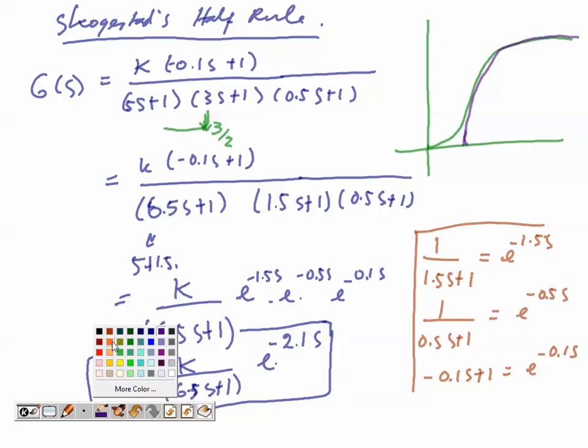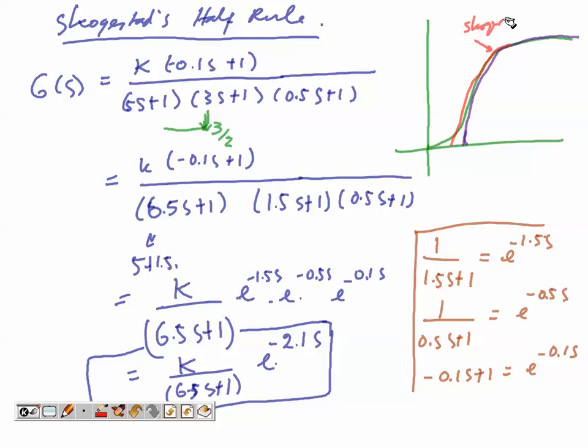Then Skogestad is more accurate than Taylor series. This is the Skogestad half rule.